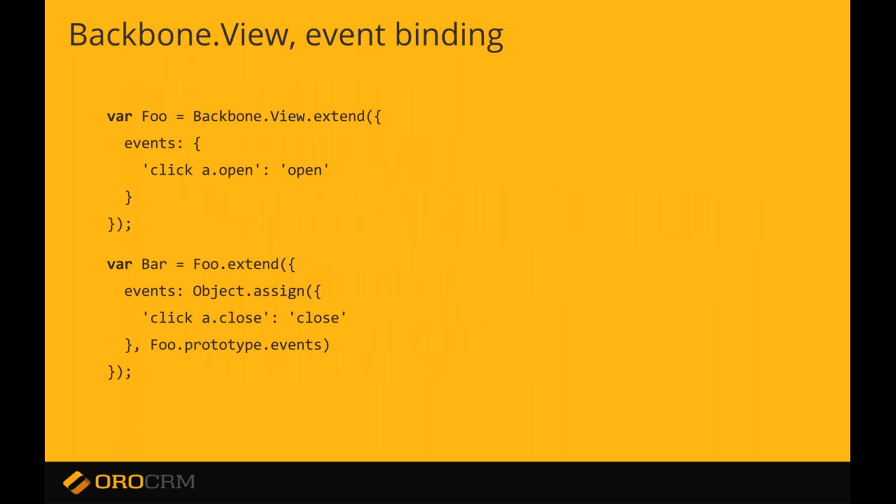Event binding. Backbone provides us a way to bind DOM events. But once we want to extend some custom view, we have to redefine this property manually and take the parent events and merge them with our events, in order to preserve the parent event handlers.